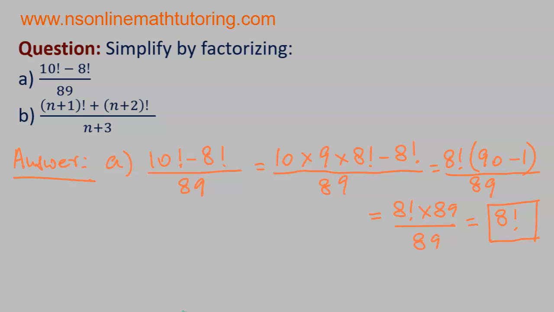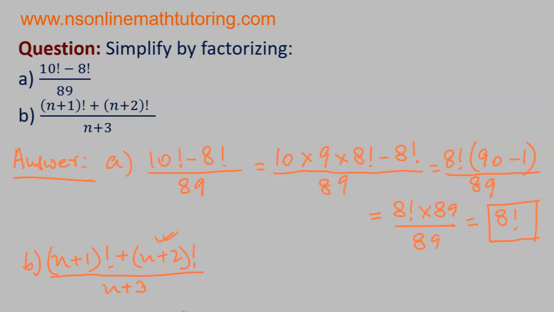Now coming to the subpart B. n plus 1 factorial plus n plus 2 factorial over n plus 3. No factorial, only n plus 3. Fine. And between n plus 1 and n plus 2, obviously n plus 1 is the bigger number.